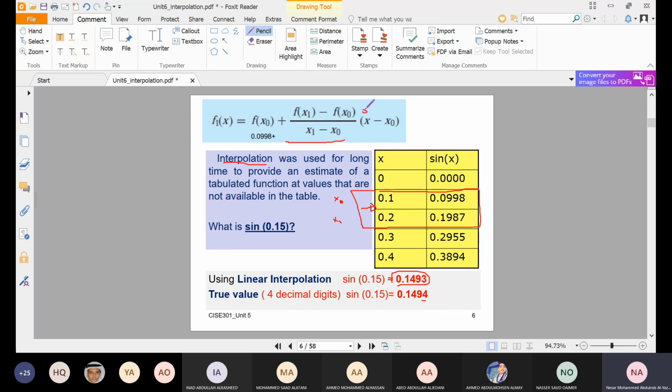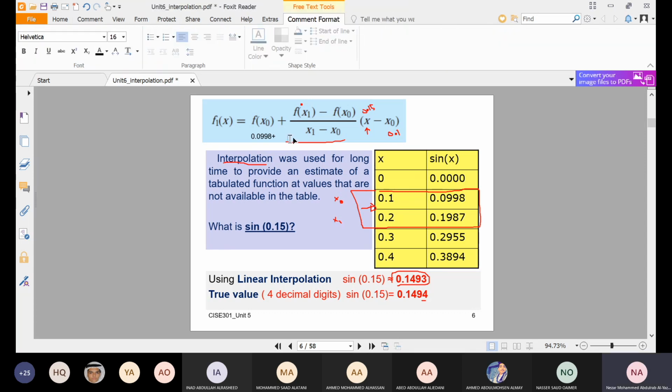This is the intermediate point that we want to estimate the function at. This should be 0.15 minus 0.1, which is 0.05. So I have these values here: 0.1987 minus 0.0998, over 0.2 minus 0.1, and this should multiply.